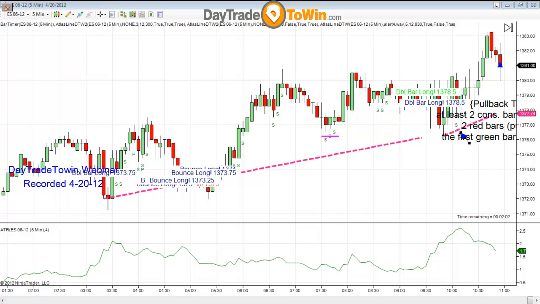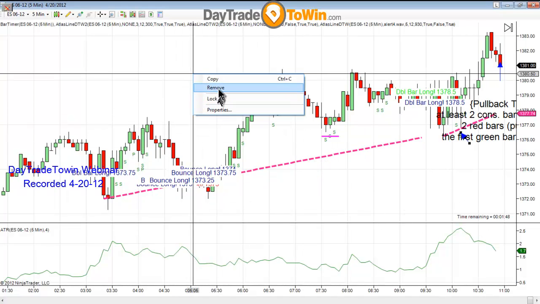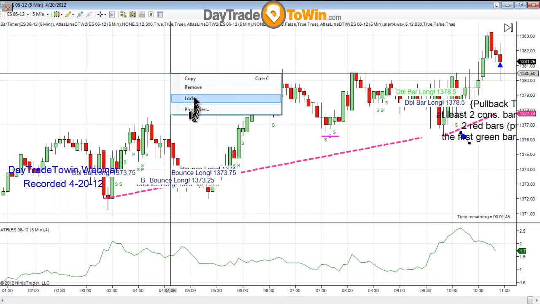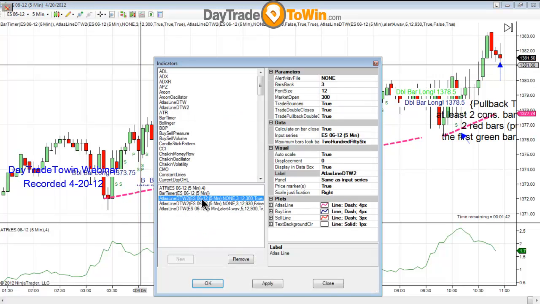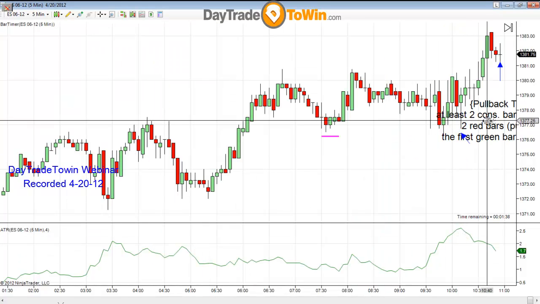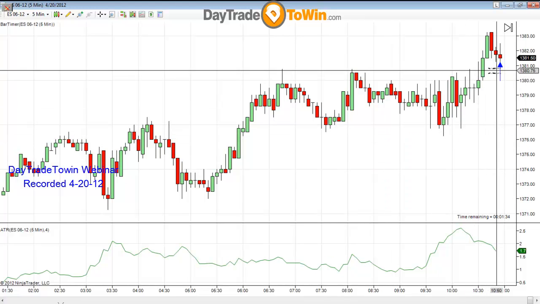Let me just get it here. All right, so let me show you what I have here for you. I'm going to remove the Atlas Line here. Okay, this is nice and clean, right? Roadmap is one of the things that I use.